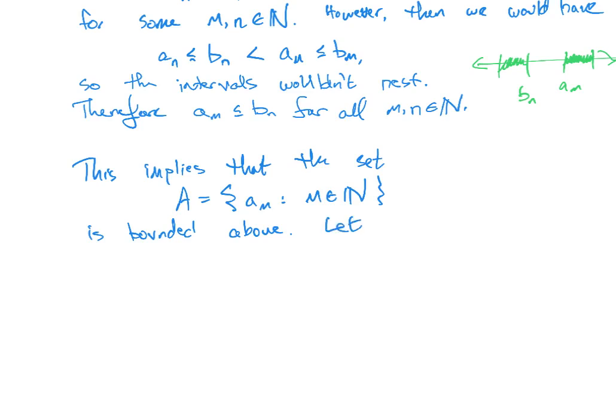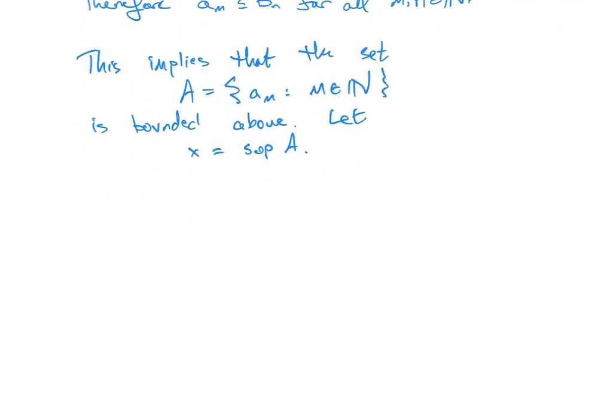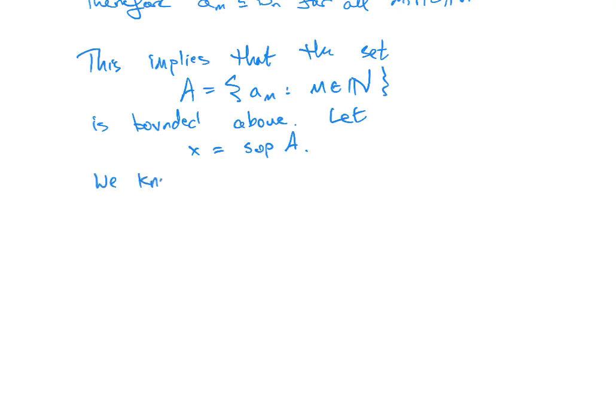So we know that it has a supremum. Let's give that supremum a name, X. Now we know that this is an upper bound on the A's, so An is less than or equal to X. That's just silly.